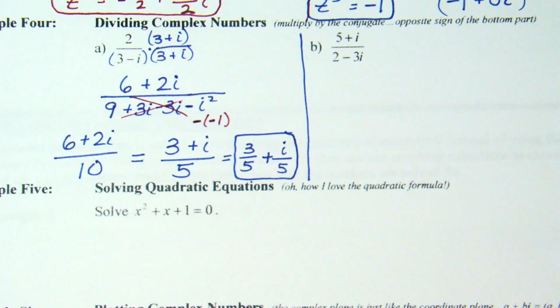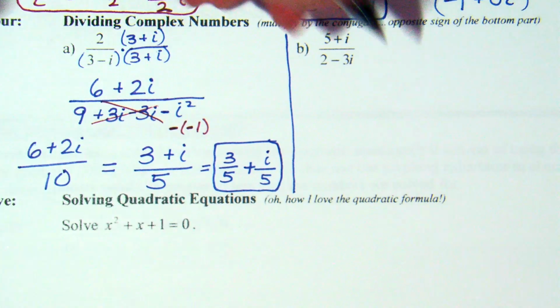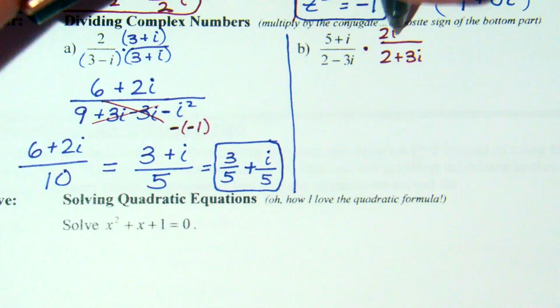I multiply the denominator by 2 plus 3i, and multiply the numerator by 2 plus 3i. Difference this time is that we are now doing what in the numerator? FOILing instead of distributing. Although technically FOIL is just multiple distributives.